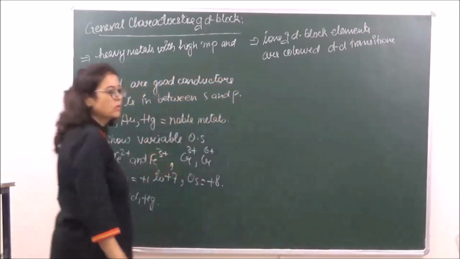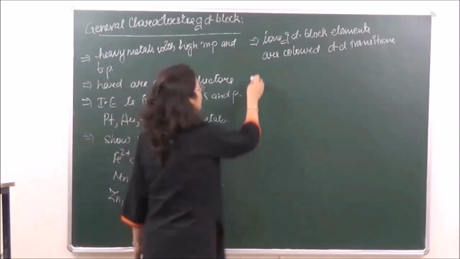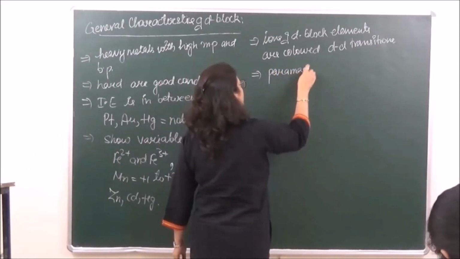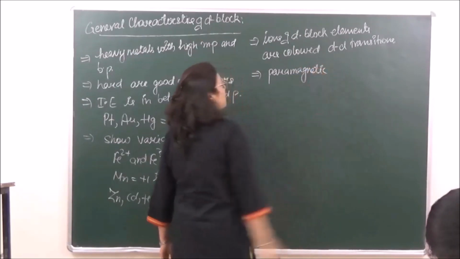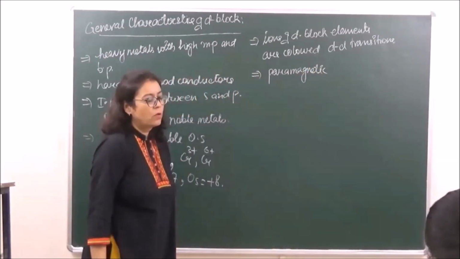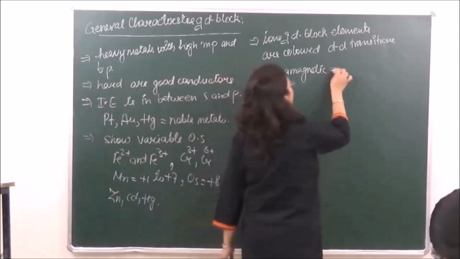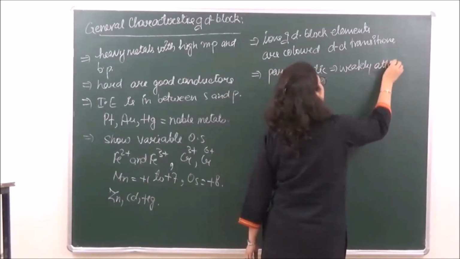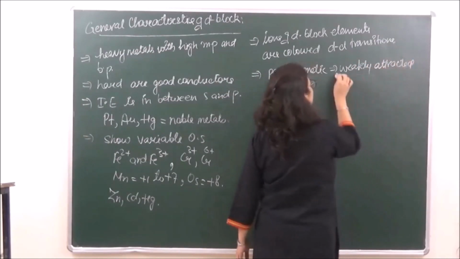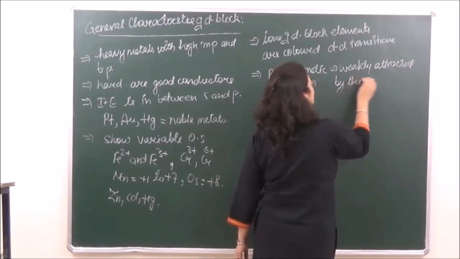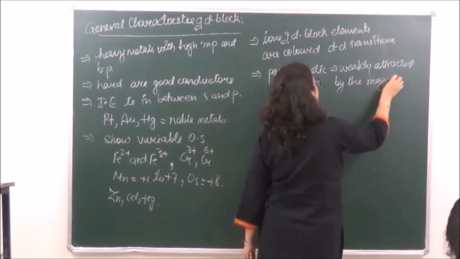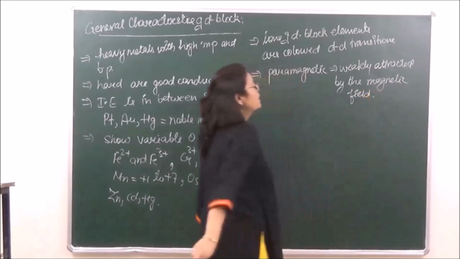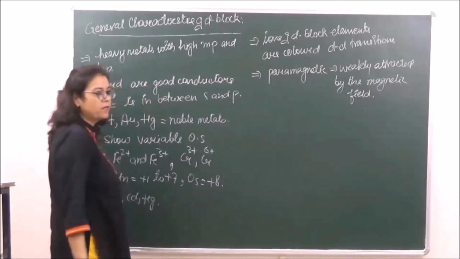Then most of the D block elements are paramagnetic in nature. Paramagnetic means that they are weakly attracted by the magnetic field, right?